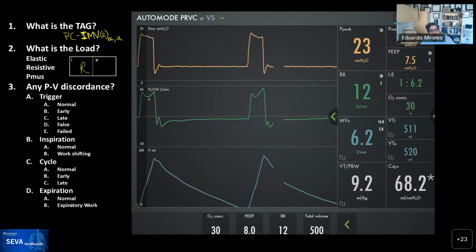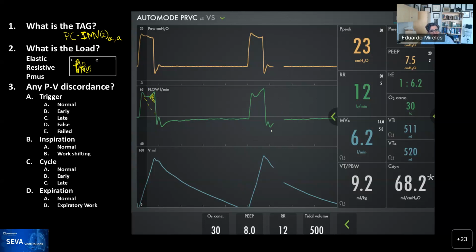But during expiration, although at the beginning you see evidence of PMUS, and we'll talk about that, later you do see that the expiratory flow continues and never actually reaches the baseline, and this is consistent with a resistive load. Now, we could argue whether there's evidence of activation of the expiratory muscles, and that's possible.